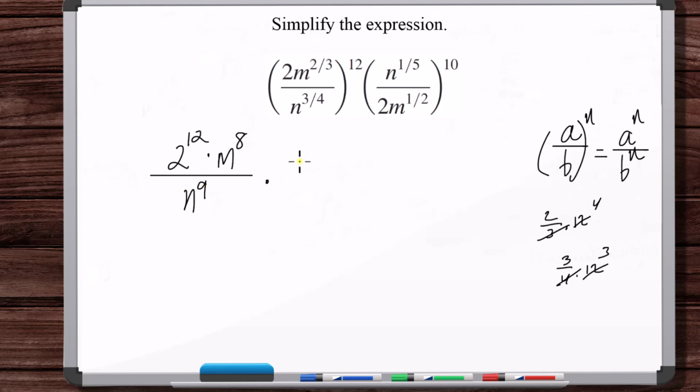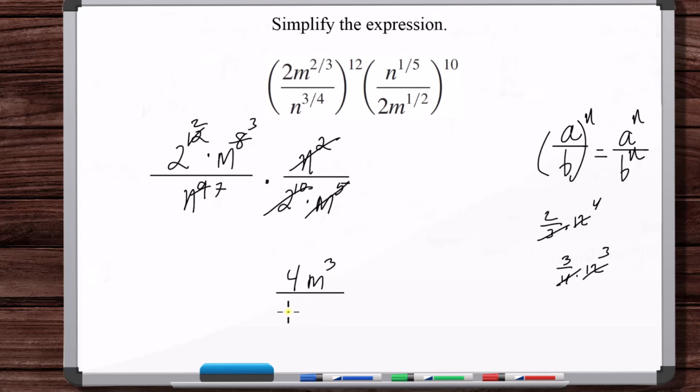Okay, n to the 1/5 times 10 is n squared. Then you've got 2 to the 10, m to the 1/2 times 10 is m to the 5th. So, okay, we're left with 2 squared. Here we're left with m cubed. Here we're left with n to the 7th. So 2 squared is 4, m cubed over n to the 7th. I think that's it. Yeah, there we go. That's 4m cubed over n to the 7th.